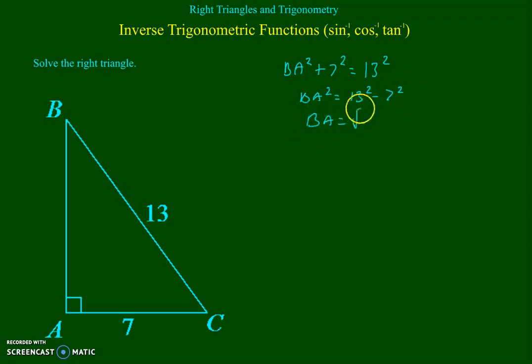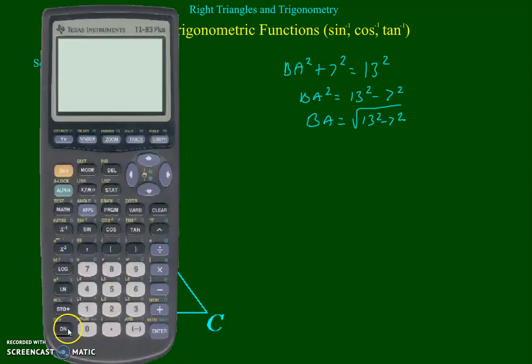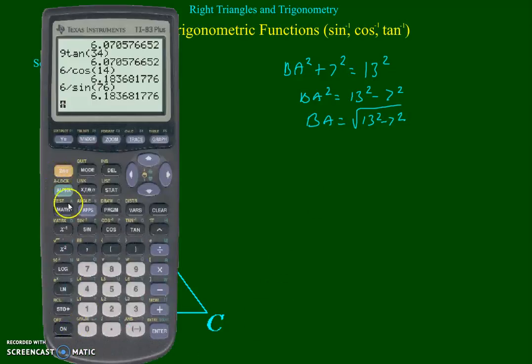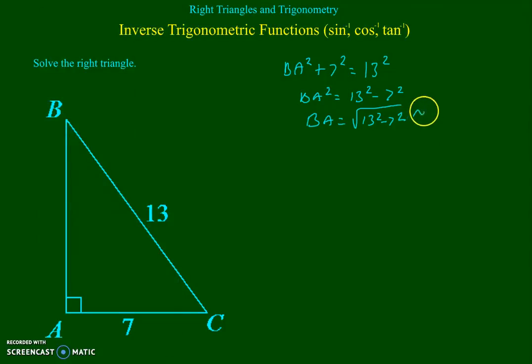BA equals the square root of 13 squared minus 7 squared. And that's 10.95. We could say 11 if we're rounding to the nearest whole number. So that's approximately equal to 11.